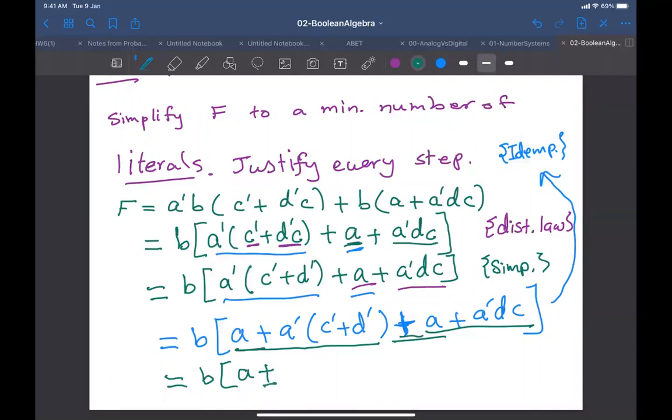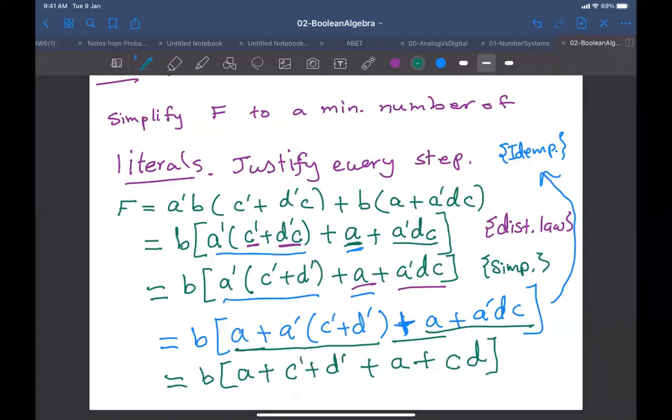So there is no need for the parentheses. So it's C complement or with D complement, or A, get rid of A complement, let me put it this way, DC. So we got rid of the A complement.